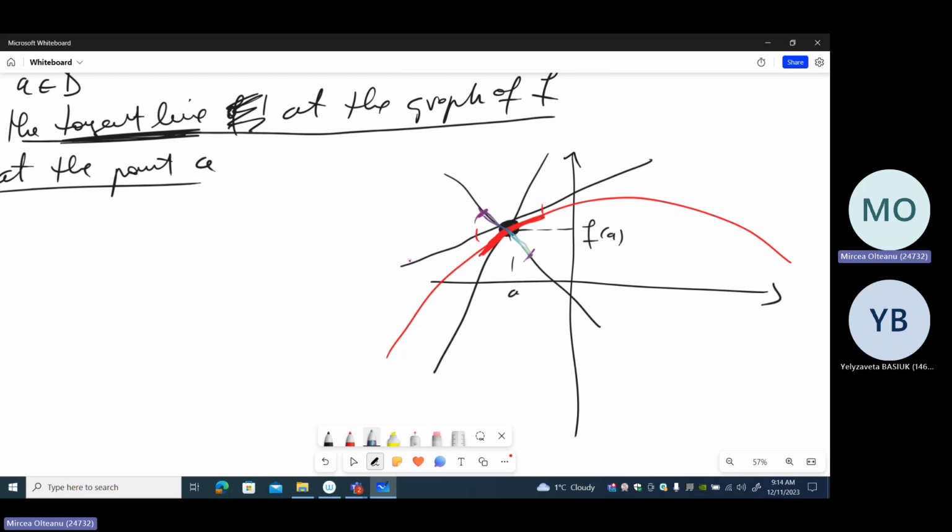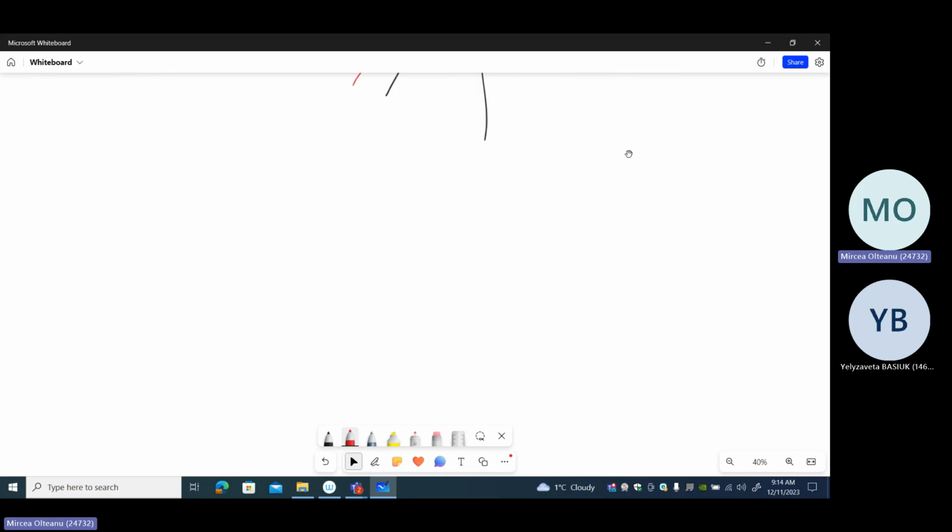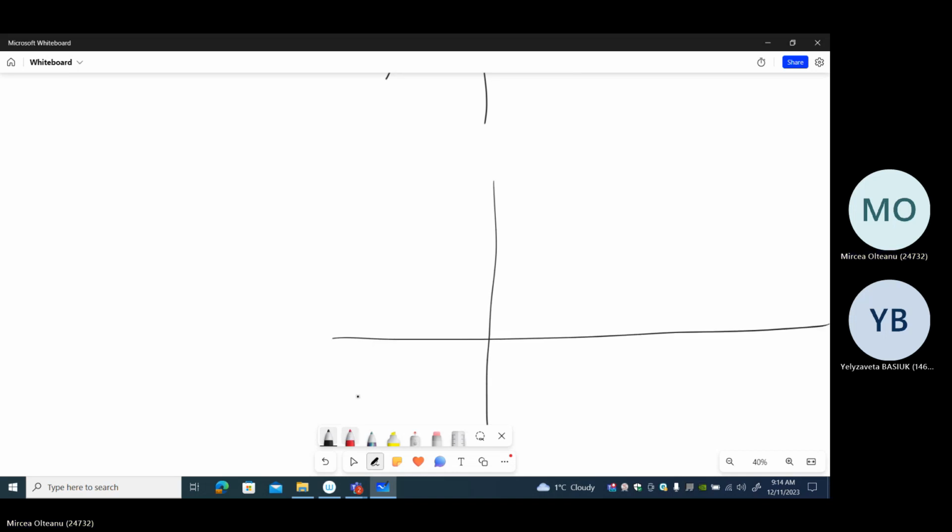On our picture, it is close to this one, but I shall make another picture again. And then we shall write its equation, because being a straight line, it has an equation. So the problem is solved in the following way. This is the graph. Take the point A and f of A. And the idea of the tangent line is, let's say, something like this.